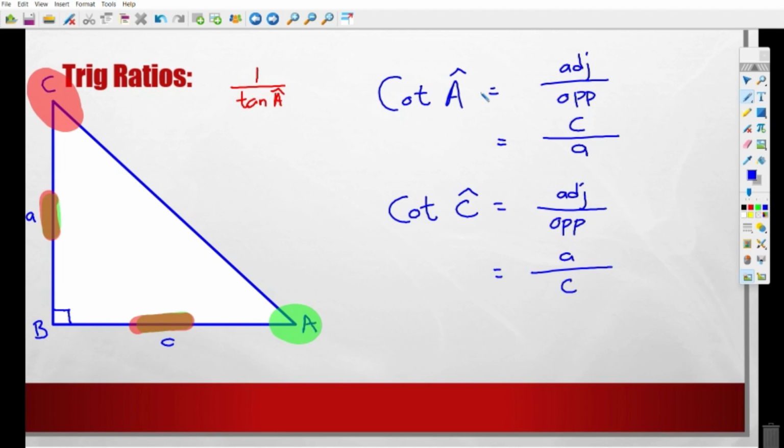Right, so just to summarize, we go to a new page here. We've learned about sine of A, cos of A, and tan of A. What is sine of A equal to? Give me the ratio.